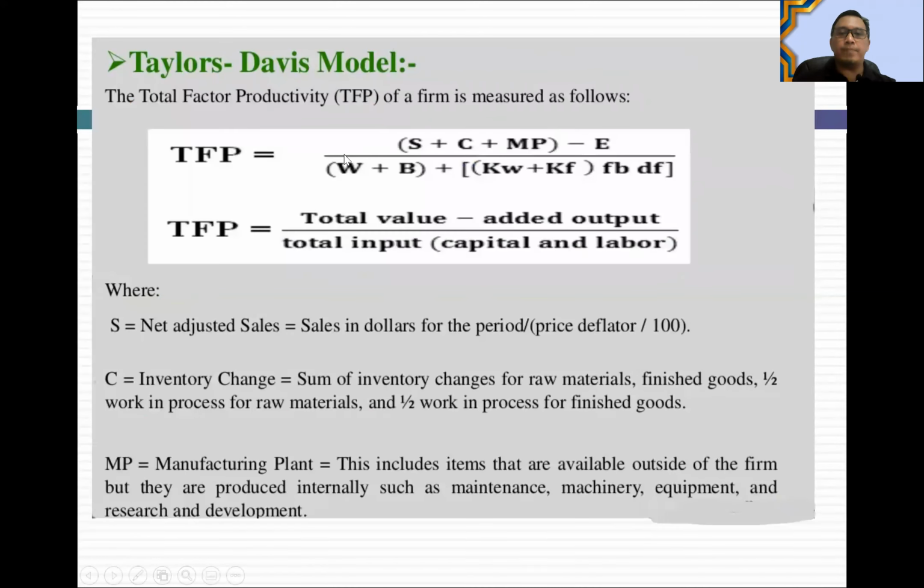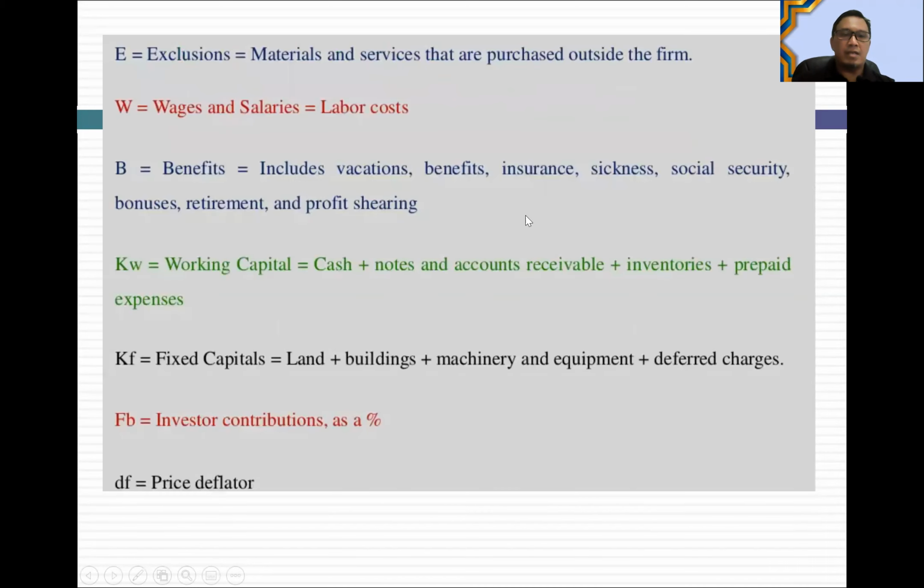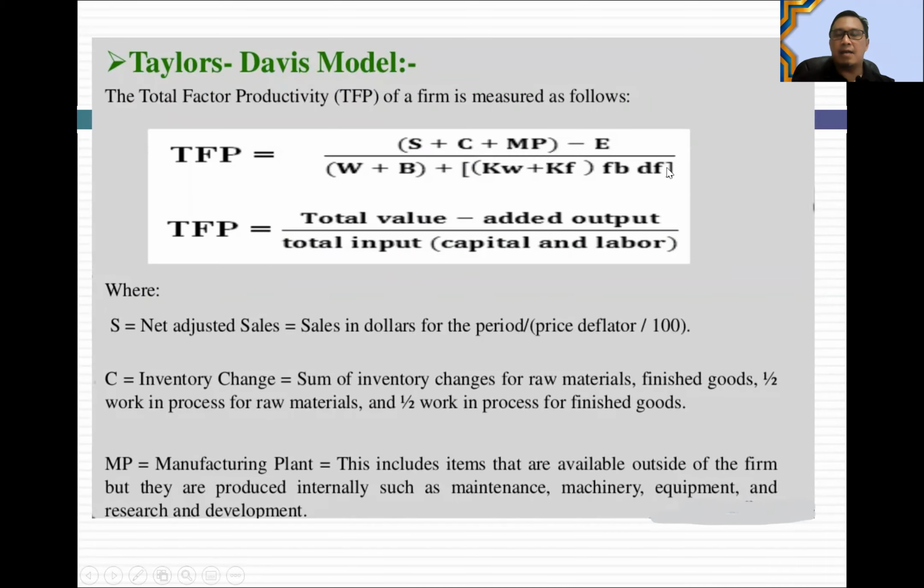W is the wages and salaries. B is the benefit for the employees. KW is working capital. KF is fixed capital, times FB. FB is the contribution from the investor, and DF is the deflator.